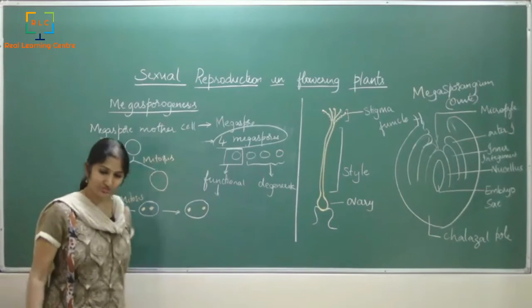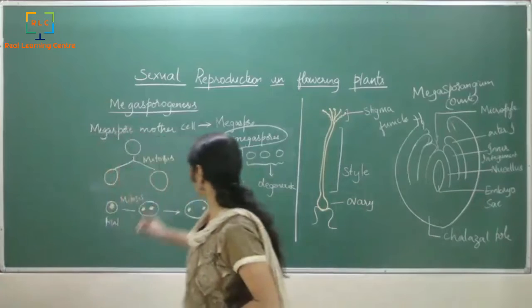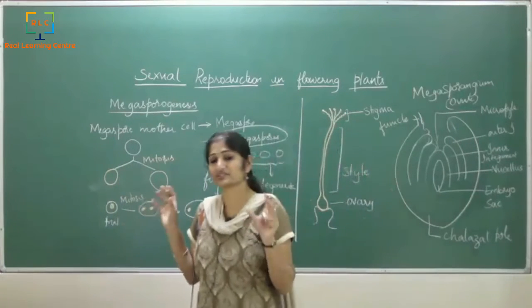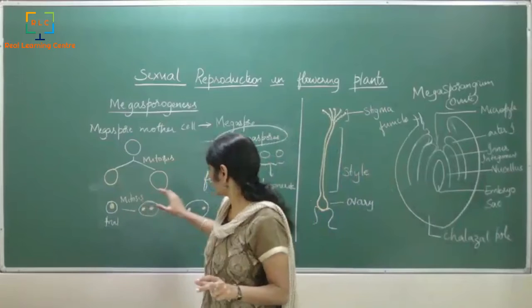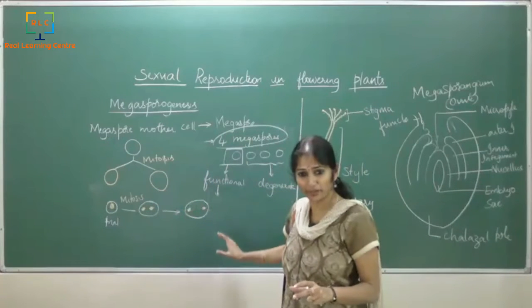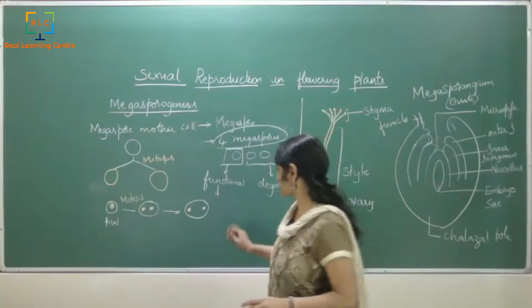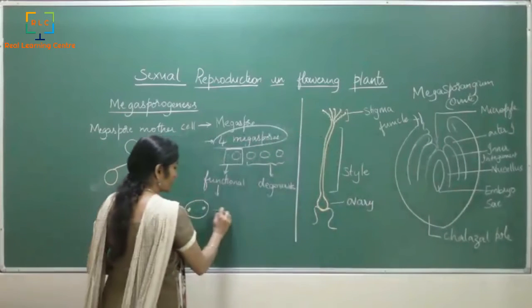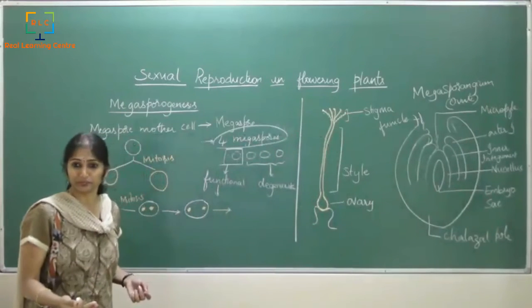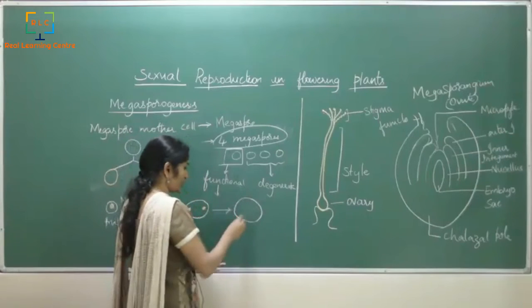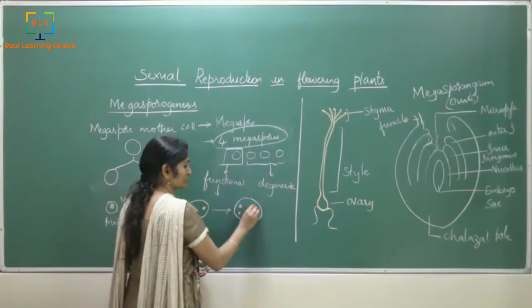Now there is one more important stage that would happen. Please do understand that mitosis generally gives rise to two cells of the same ploidy level. Here there is mitosis happening, but no cell division. Now this cell would undergo mitosis again, and then there would be a stage where there are four nuclei.